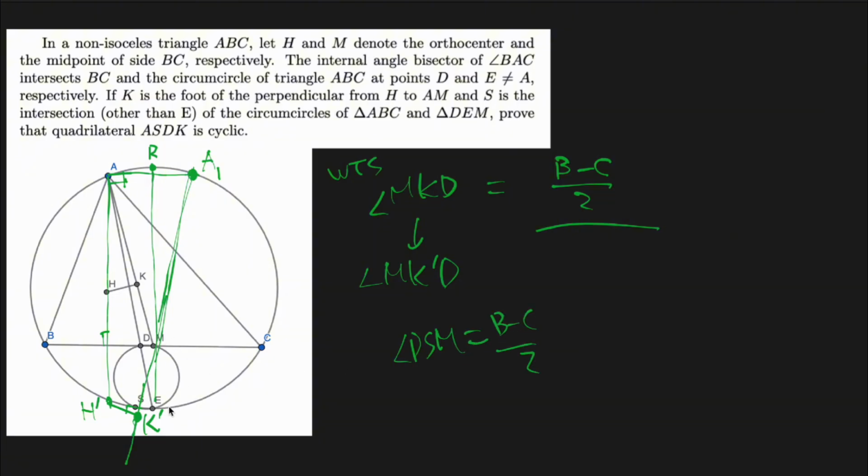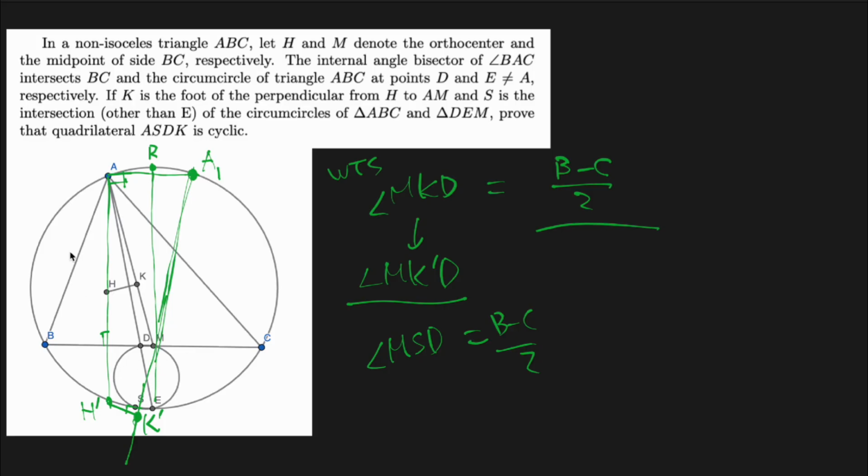And the reason I said this was interesting is that we want to prove that MK prime D is equal to DSM, or MSD. If I read it like that, it will probably be a bit more apparent to you guys. We want to prove that this angle is equal to angle MSD, and recall that K prime is over here, which also should lie on the circumcircle. And so we're wondering that maybe K prime is just S, because actually, in fact, it has to be S, right?